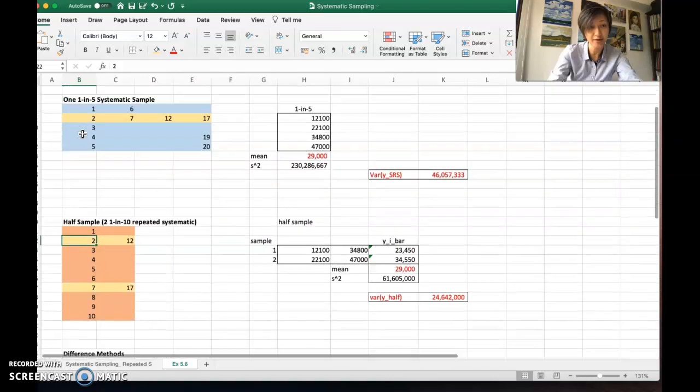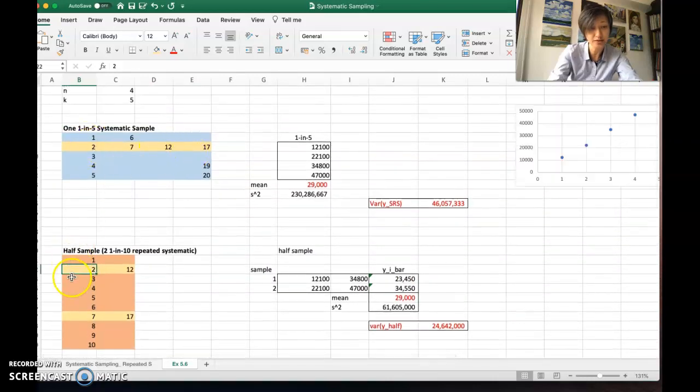Instead of having 1 sample, I would have 2 Y bars calculated from the repeated systematic samples. Alternatively, if I look at the original data and repeat it twice, I would simply label 1, 2, 1, 2, and so on, to find which sample each data point belongs to.